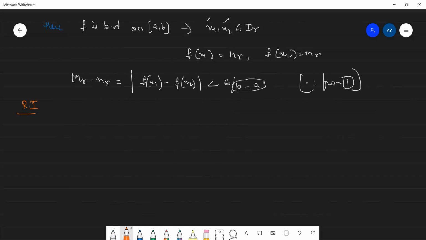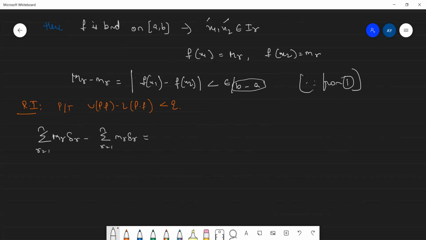To prove it is integrable, we have to prove that U(P, f) minus L(P, f) is strictly less than epsilon. Okay. So what is U(P, f) and L(P, f)? U(P, f) is the summation r equals 1 to n of capital Mr into delta r, minus the summation r equals 1 to n of small mr into delta r.